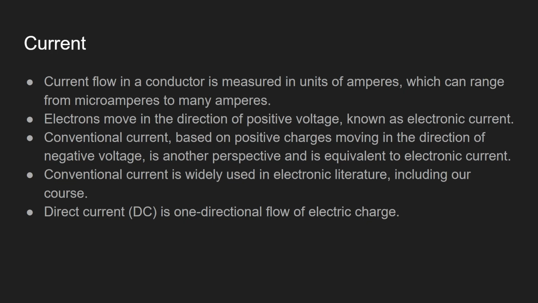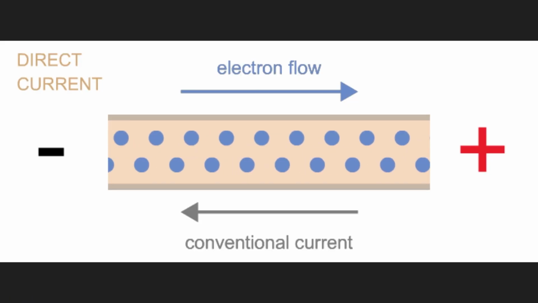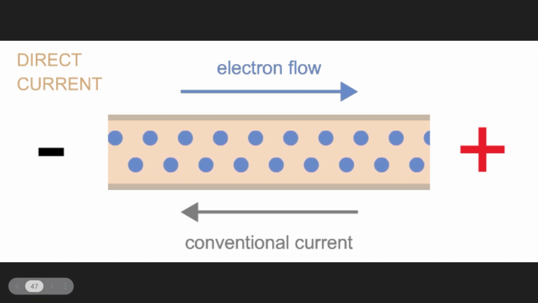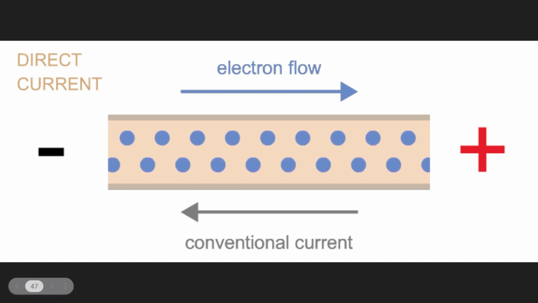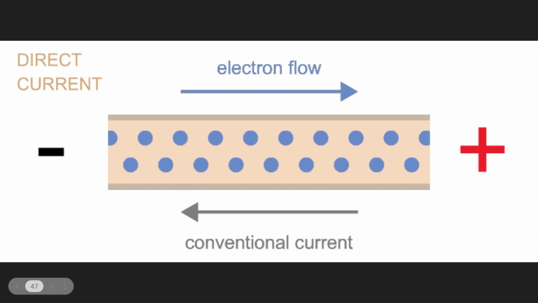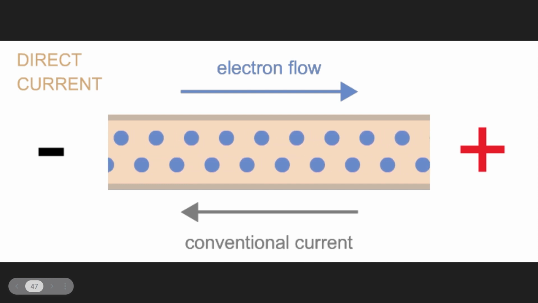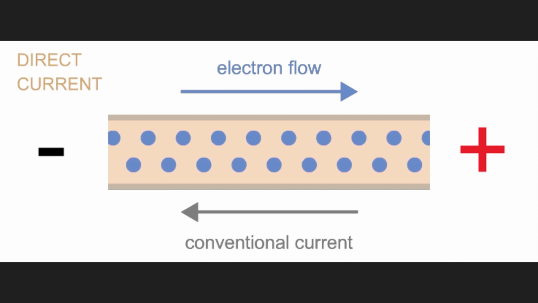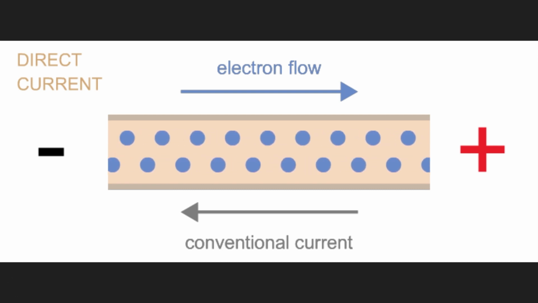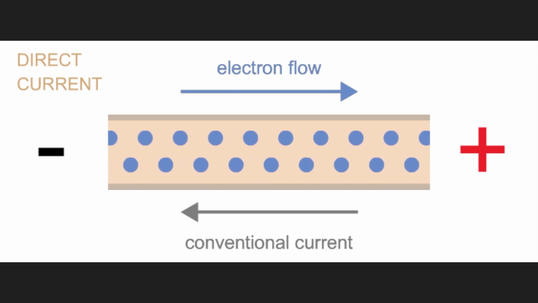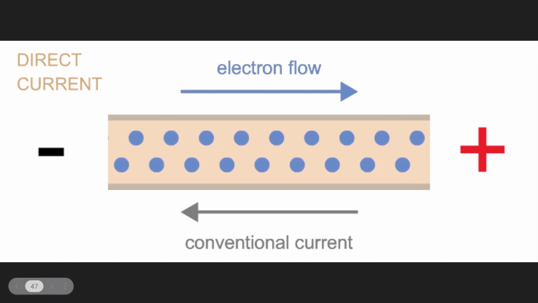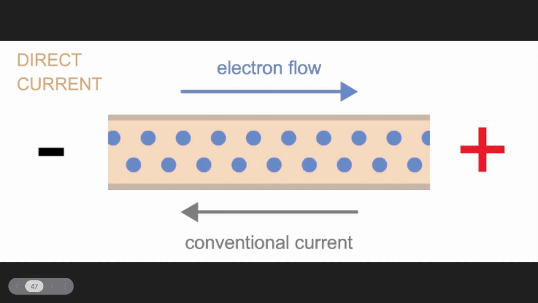But in our daily life, we use a lot of AC, which moves from side to side. In direct current, the electron moves from negative to positive. If you use a microscope to view the conductor, you will see movement like this. But in our definition, the current moves from positive to negative, which is exactly the opposite direction to the electron flow.